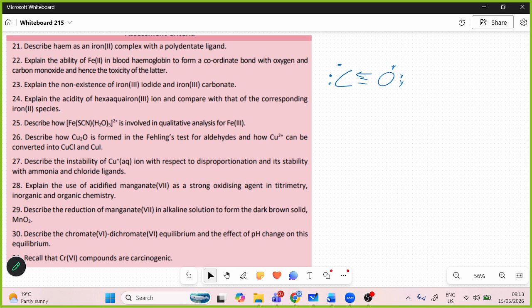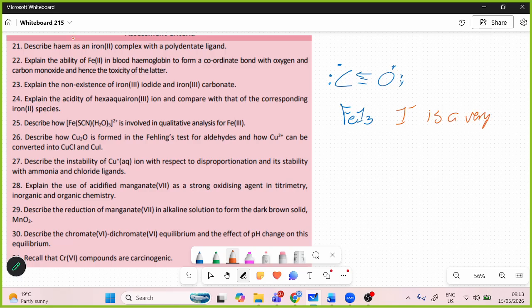Then, explain the non-existence of iron(III) iodide and iron(III) carbonate. These are two different reasons. FeI3 doesn't exist because I minus is a very strong reducing agent.